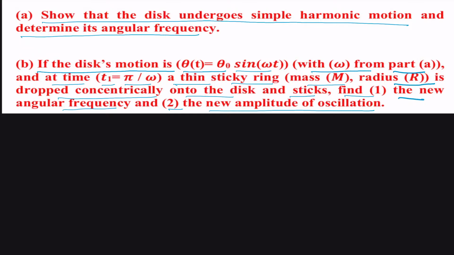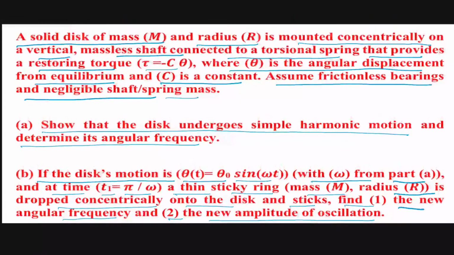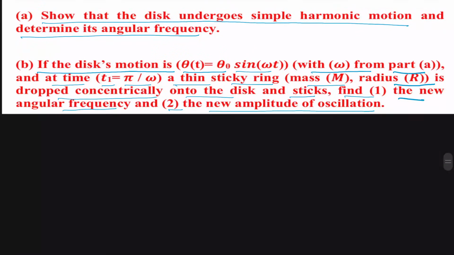So in this case, we are given a solid disc mounted concentrically on a vertical shaft. We can assume that it is mounted like this, and to this shaft we have connected a spring.